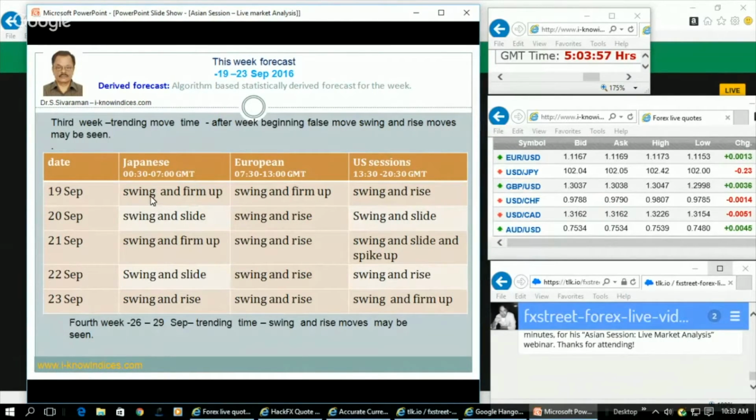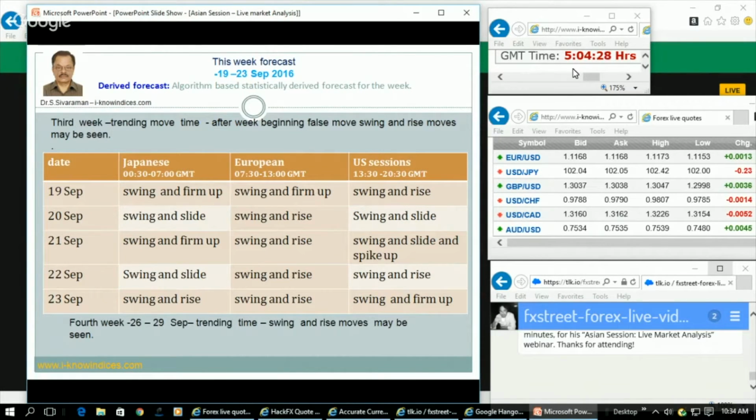Now let us see the individual days forecast. These forecasts are session-wise. So for each session, the expected market move is given for the 24 hours market cycle, and it is given in GMT time frame. So anybody will be able to follow that using the GMT time frame, what I just displayed here, and it is available on predominant websites where they talk in terms of GMT.